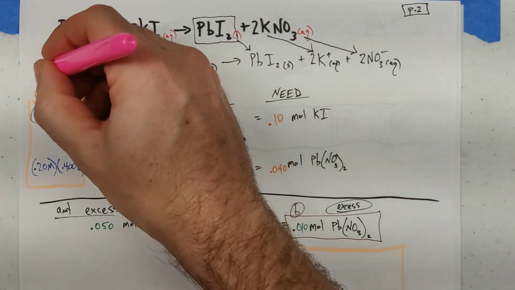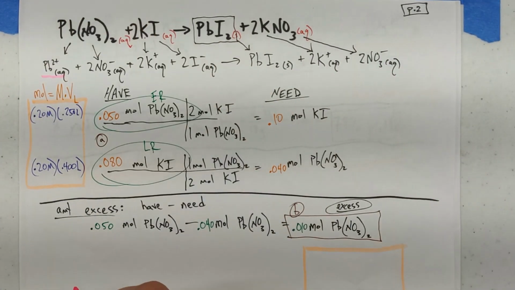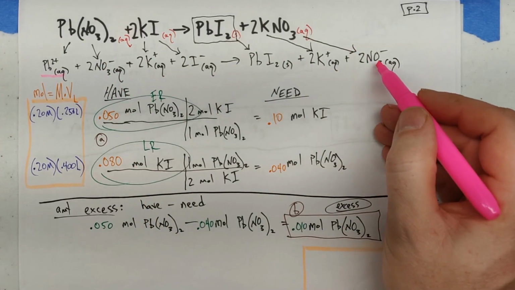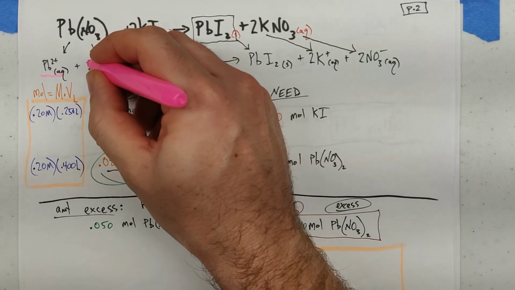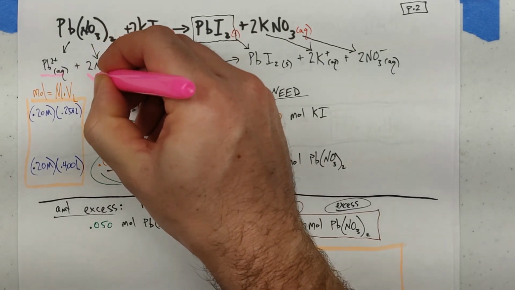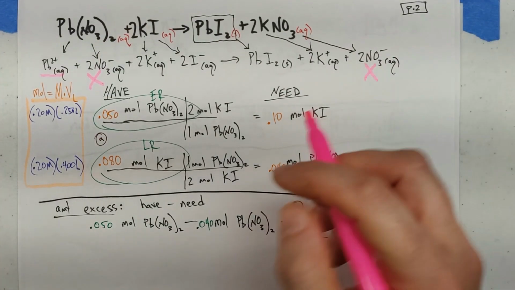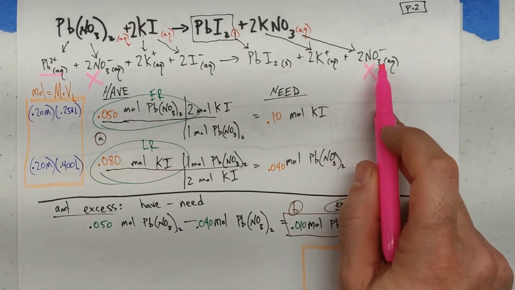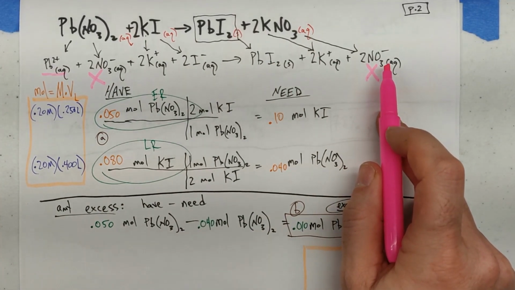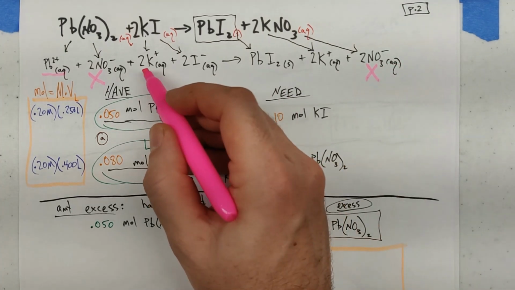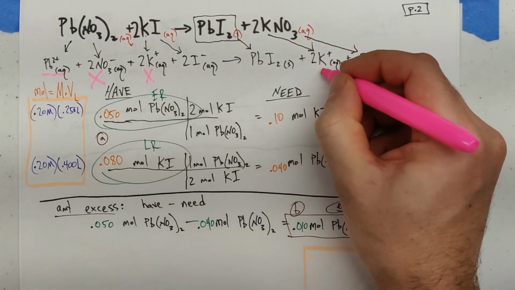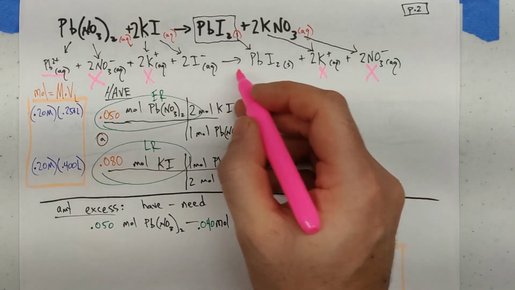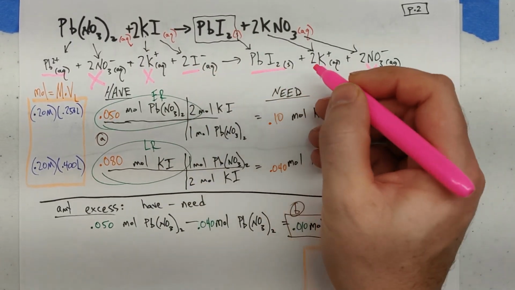That's not a spectator. So that is involved in the actual chemical reaction. Nitrate ions, I do see nitrate ions over there. So this is going to be a spectator. And again, if it remained unchanged from reactants to products, it didn't change. So it's a spectator. It wasn't part of the reaction. Potassium ions, I've got those as well. That'll be a spectator. Iodide ions, I don't have those over there. They've changed into something else, so we end up with that.